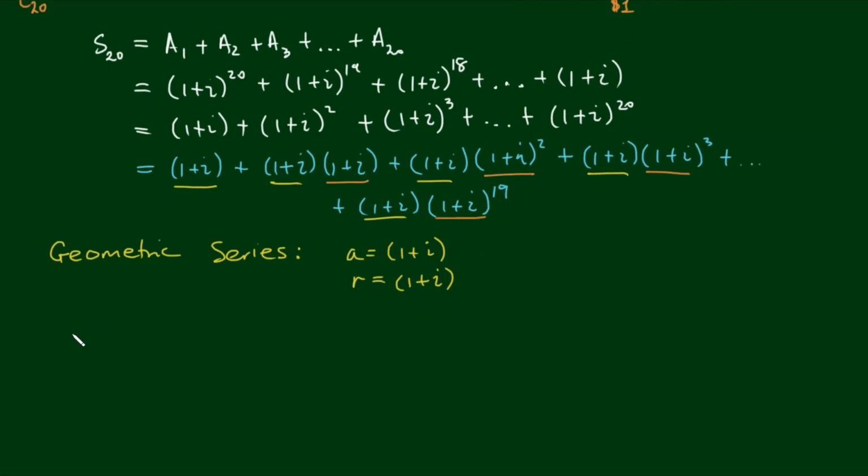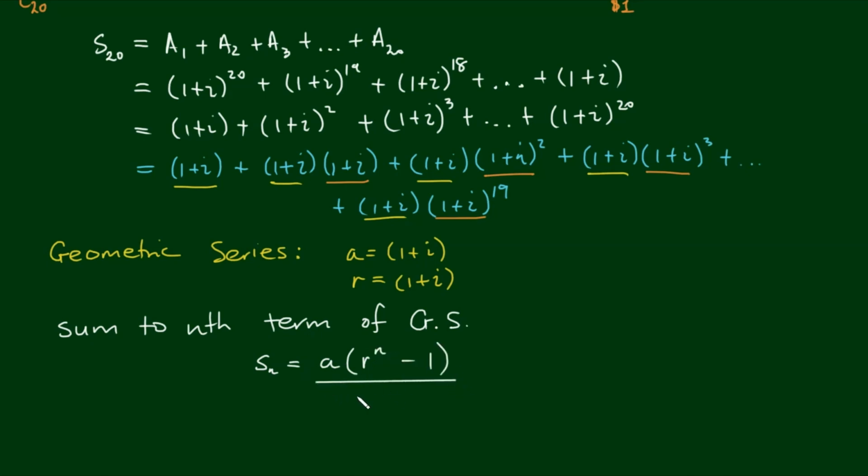So the sum of a geometric series to the nth term is given by the formula S sub n is equal to A by (R to the power of n minus 1) all over (R minus 1) when R is greater than 1. Alright, so unless we have a negative interest rate, which I hope you'll never encounter, R is always going to be greater than 1.